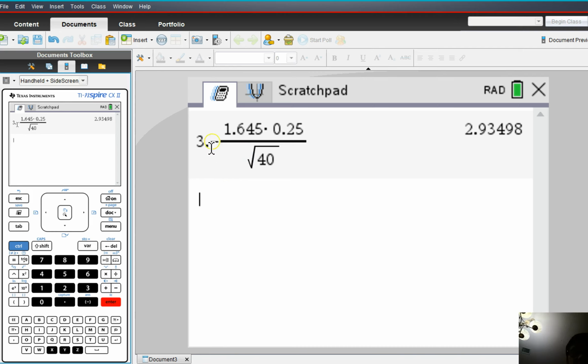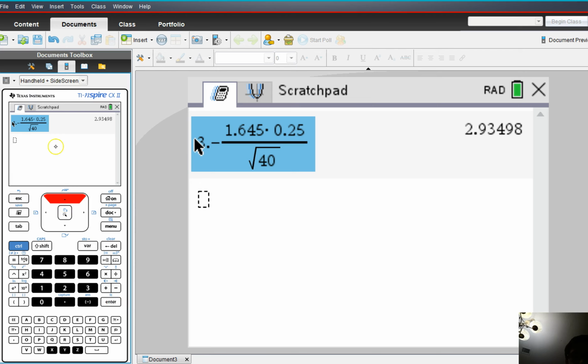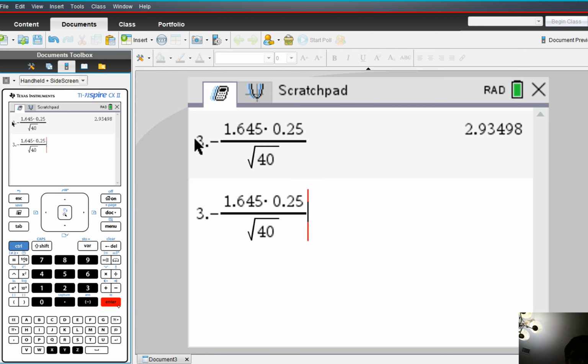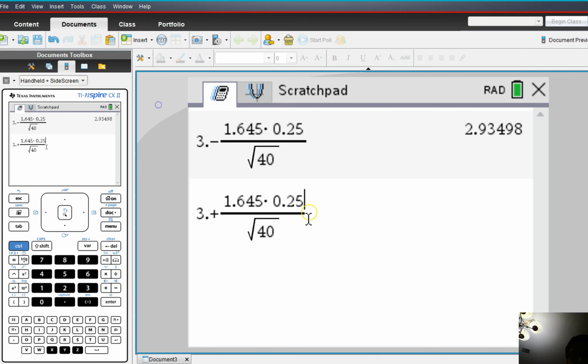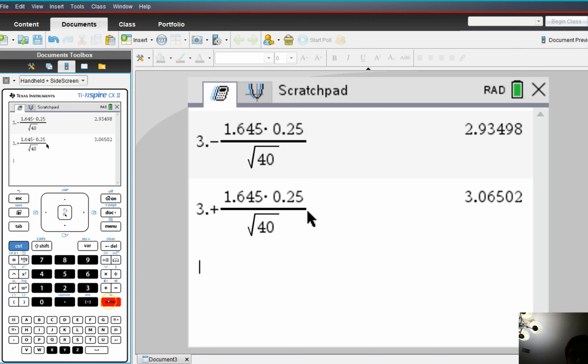This is the left side, so we're going to get the right side, and for the right side we just change this to plus. Okay, we backspace and then we add plus, and then we hit enter.